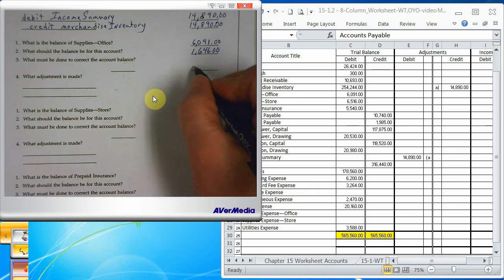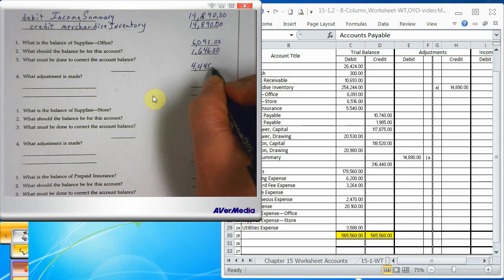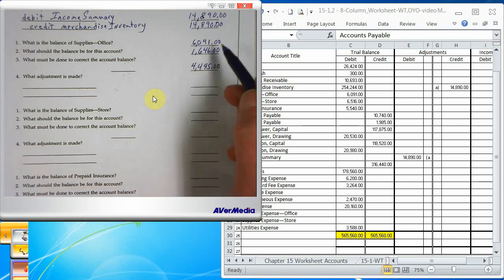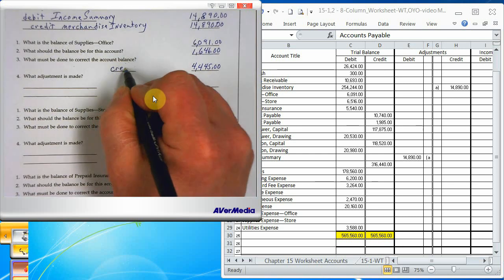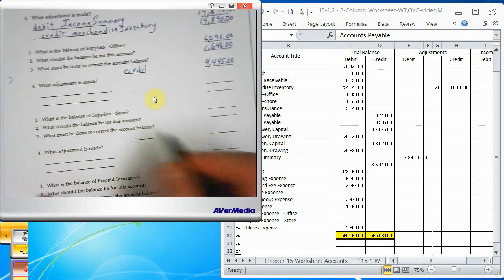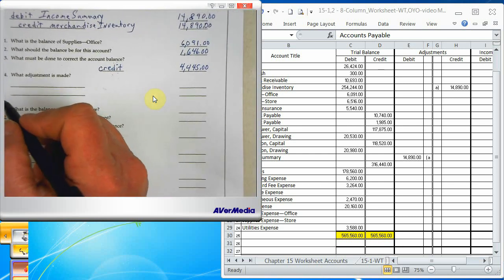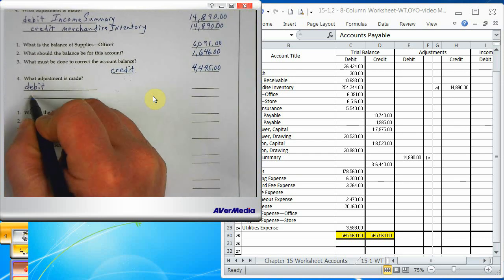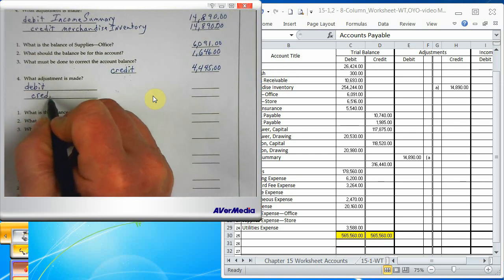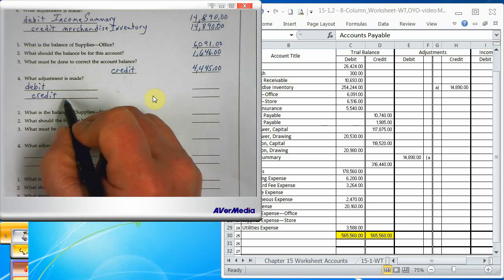After you calculate it, the difference ends up being $4,445. Since we go from a large debit to a lower debit, we have to credit it to bring it down. With a debit and a credit, debit's always listed first.